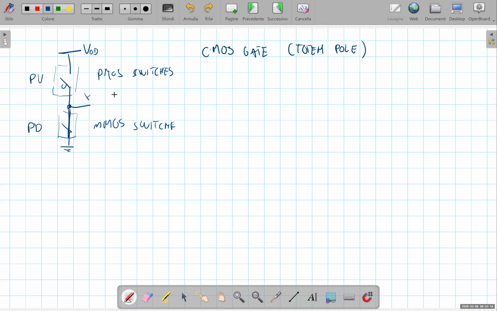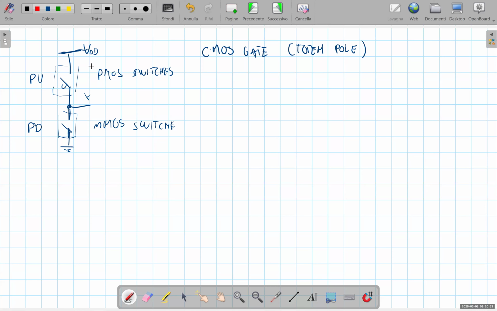Actually, this type of gate has many advantages, since both at the high logic state and at the low logic state, the output is driven through the on resistance of CMOS transistors, which can be very low. So it behaves as a voltage source, either at the low state or at the high state, with a very small internal resistance.